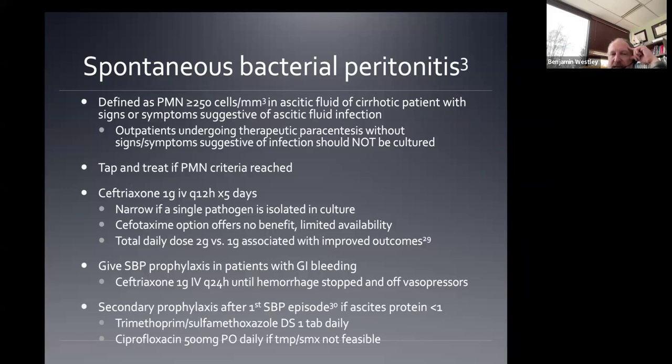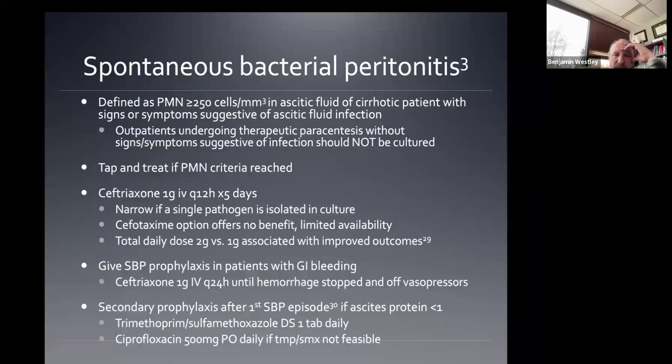Now, if a patient has an infection and we diagnose them with an infection, should they stay on antibiotics longer? The best data is that if the protein level in the ascites is less than 1, they're at very high risk of another episode. Most of these patients do have very low protein in the ascites. And so if there's a first episode of SBP, many patients would benefit from prophylaxis.